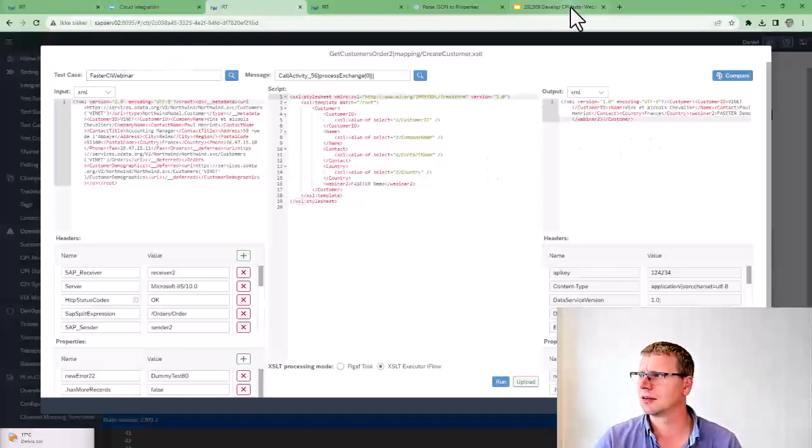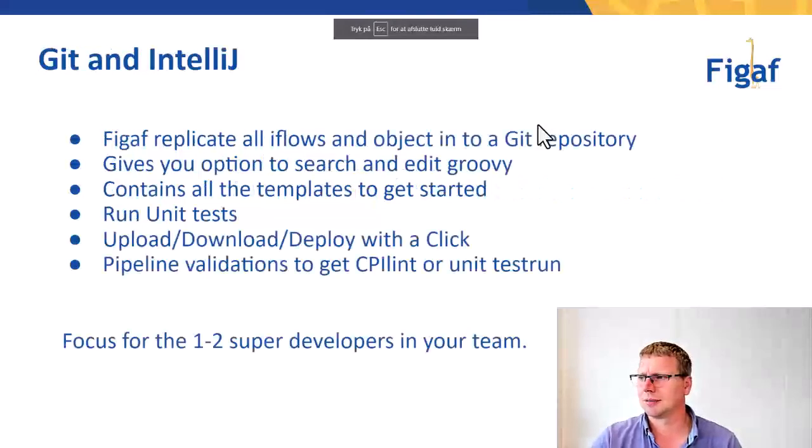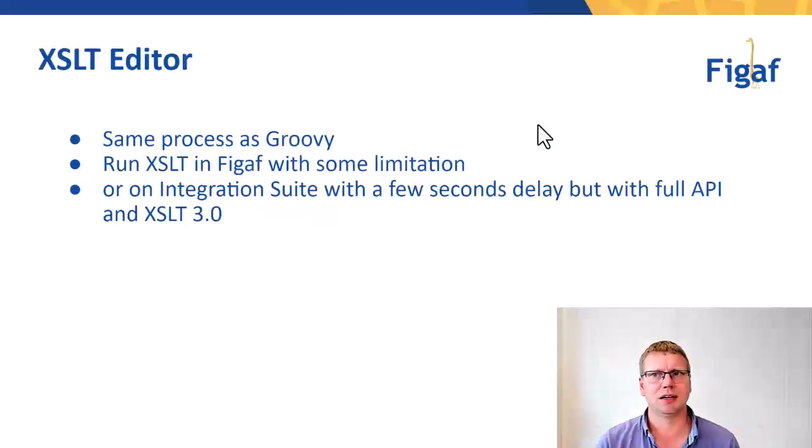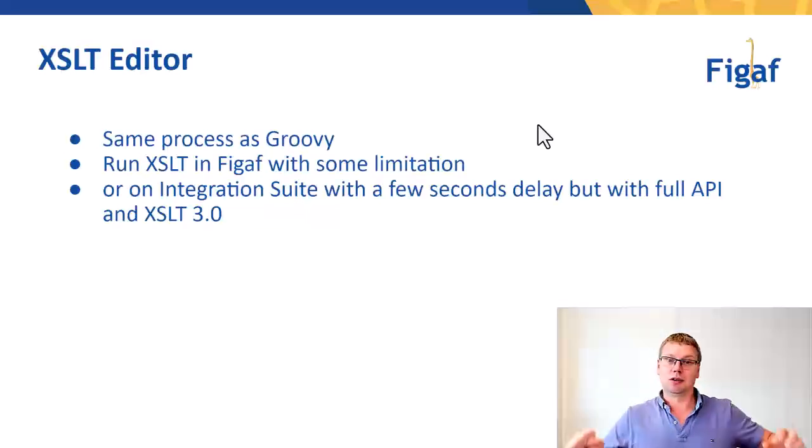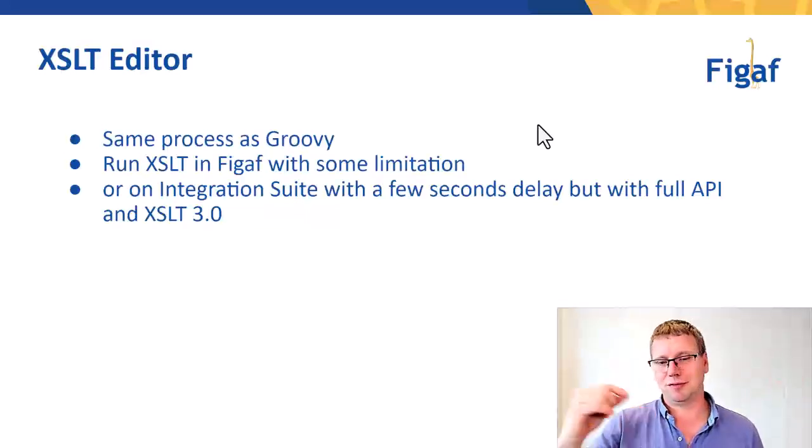So this is the XSLT editor, and the editing part is about making it easier for developers to run and use these tools, because Groovy and XSLT are both really powerful, but if you need to make changes and run them, it will take, I don't know, like a minute, if you just need to make a small modification, check that you have the right version deployed, run it, and find the place in the trace.